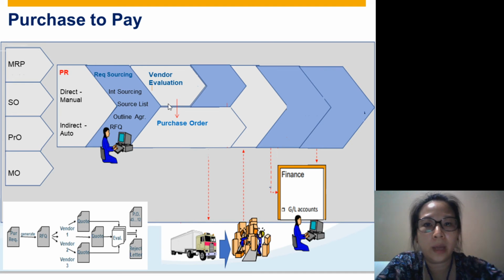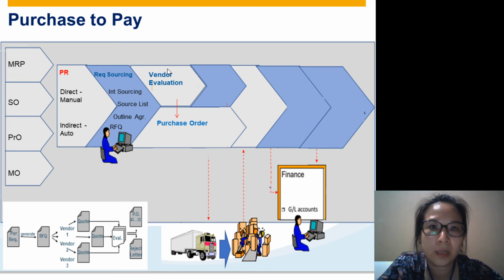The PR, requirement sourcing, and vendor evaluation are done internally in the company, but the purchase order we call a legal order, because by the time we create the purchase order to the vendor, we should not cancel it because it's already fixed, it already has legal standing.